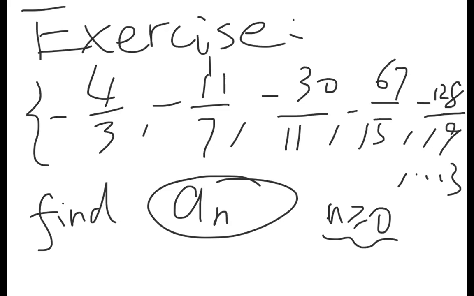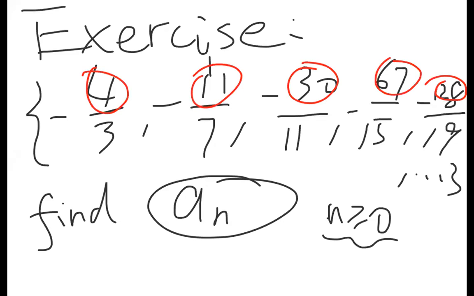Let's go over this. So for the numerator, it is 4, 11, 30, 67, and 128.